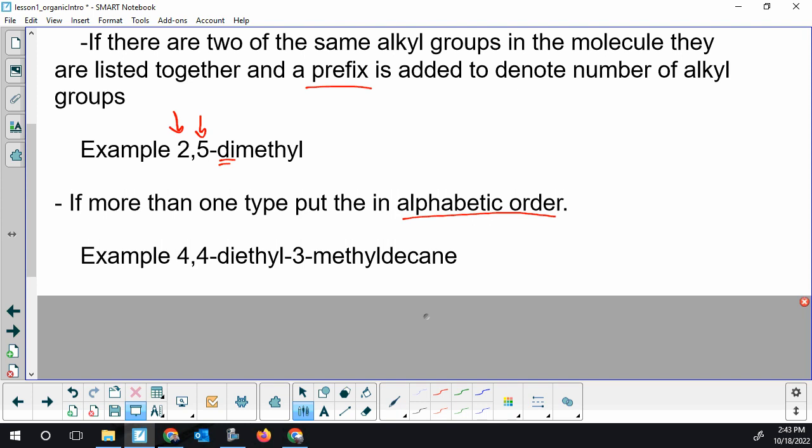Now in the name, I'm looking at the ethyl and the methyl. And since E comes before M in the alphabet, I put the ethyl name part first and the methyl name part second. It doesn't affect the numbering, okay, but it does affect the order.